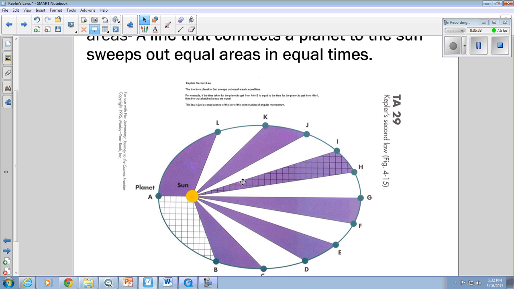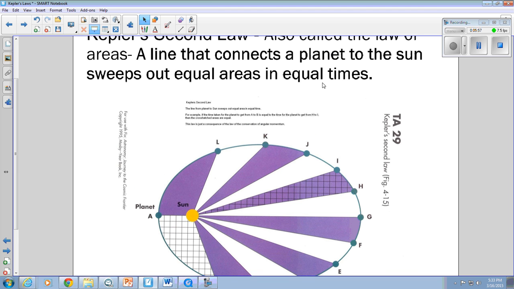And any time interval you do, it's going to have the same equal areas. So I to H and A to B, it's still 1 month of travel, and these areas are equal. Law of equal areas.